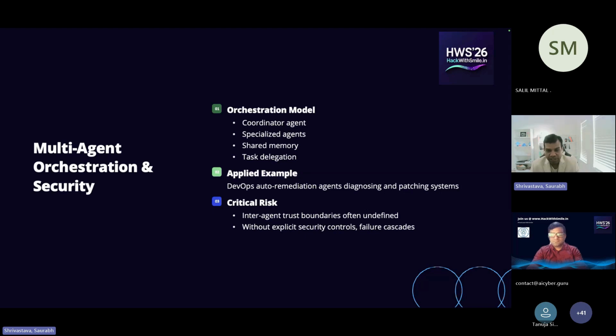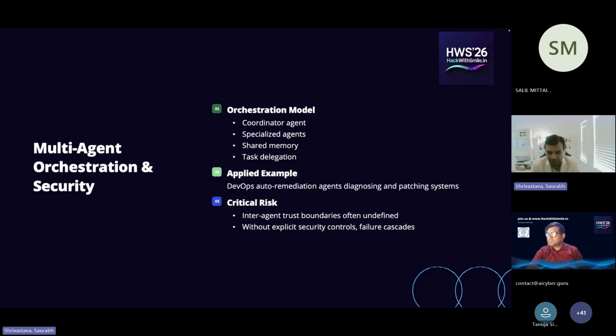So how does this orchestration model work? As of now, we are targeting a single agent, but when you go into the entire architecture, you will have the orchestrator agent, and then you will have sub agents under that, right? The orchestrator agent is your leader agent, which coordinates the task between the multiple agents. Going back to my loan application example or DevOps example, in the DevOps example, my orchestrator agent will work with the diagnosis agent, with the security agent, with the pager agent, and coordinate the task between them.